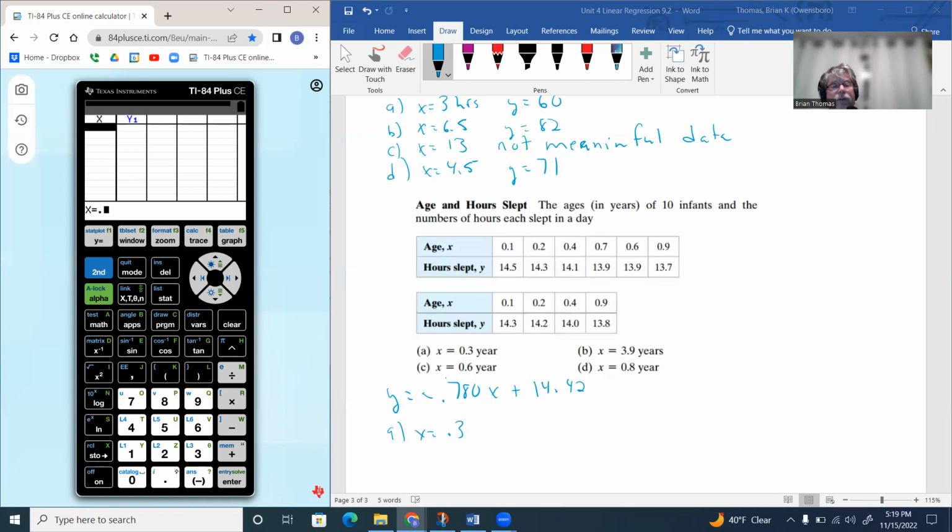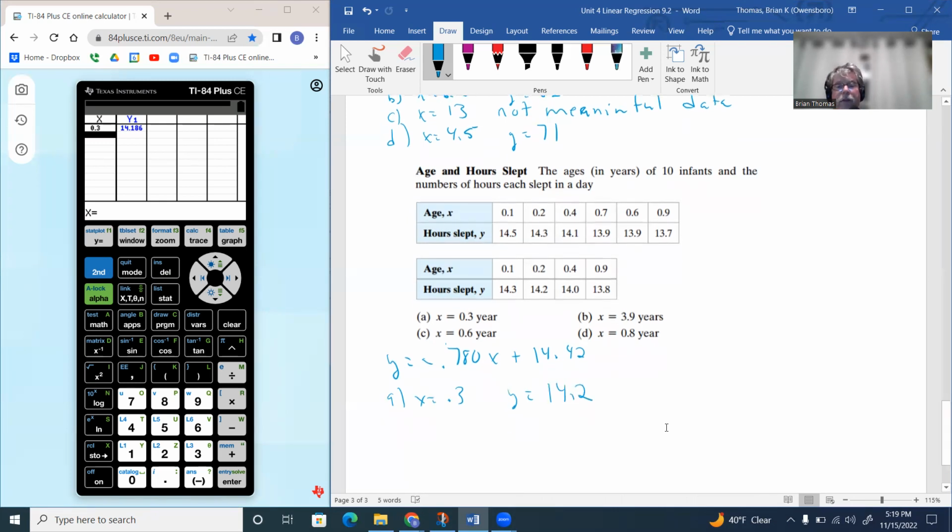So I can hit 0.3, hit enter, and that gives me 14 point something. So my Y value is going to be 14 point something. And since these were all to the tenth place, let's round to 1 decimal place. So 14.2 hours of sleep for that baby.